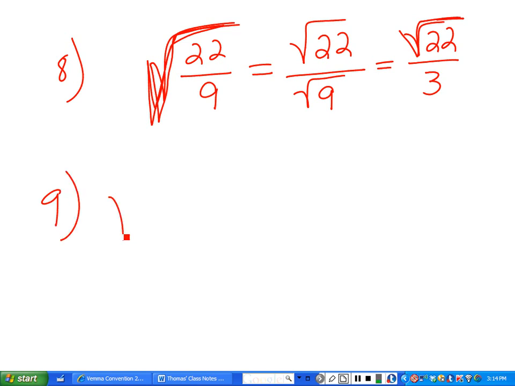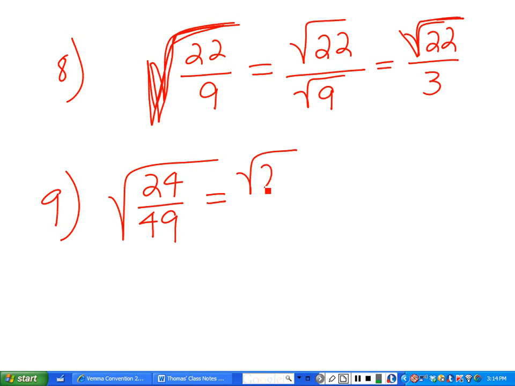Alright, the square root of 24 divided by 49. Again, 24, 49. You can't reduce that, so let's go ahead and split. I like going ahead and splitting it up. I see that the square root of 49 is 7, so we're done with that.